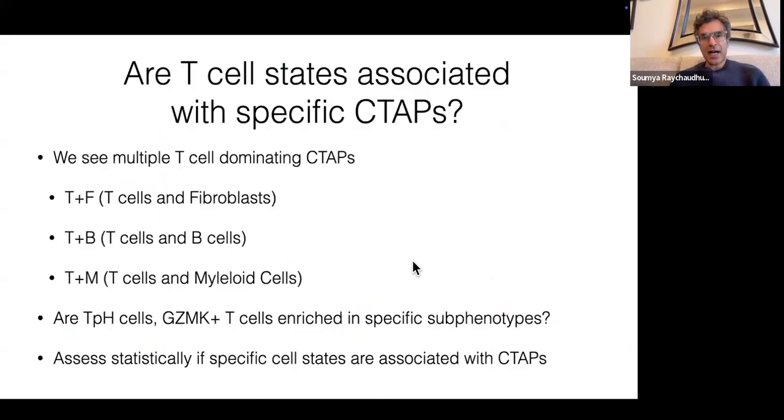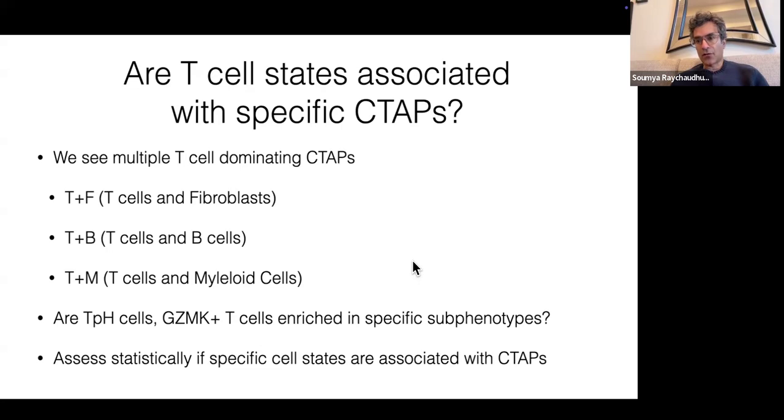So the natural question we want to ask is, we have all these different RA phenotypes, these CTAPs. So for example, there's some people who have lots of T cells and fibroblasts, some people that have lots of T cells and B cells, some people that have lots of T cells and myeloid cells. A natural question to ask is whether the types of T cells in each of these groups are the same or if they're different.